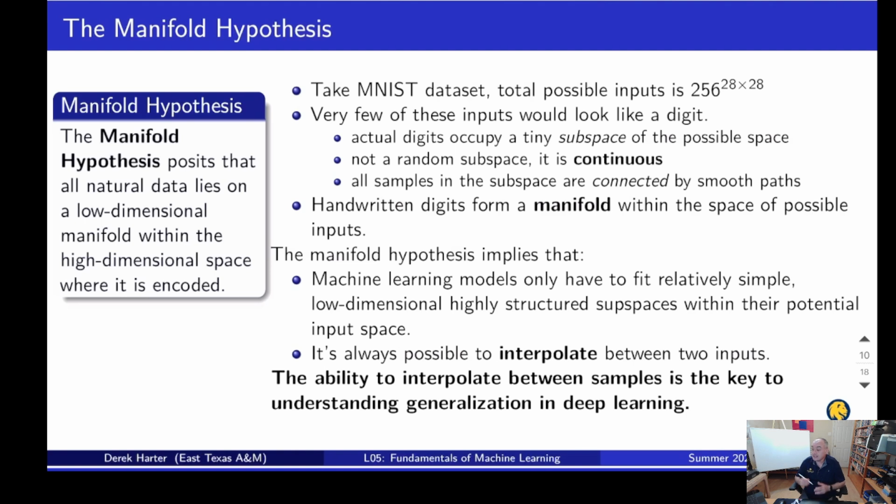So just as an example, take the MNIST data set that we were just using. So the actual space of possible inputs is a huge number, more than, I can't remember what they said in our textbook, more stars in the sky. It's a very large number. It's 256 raised to the power of 784. Right, because there's 256 possible values, since we have an integer that ranges from 0 to 255 for each pixel.